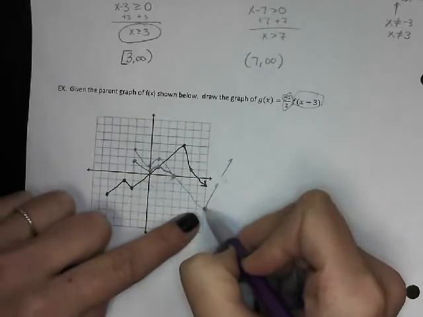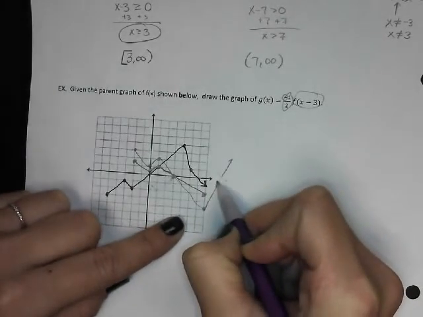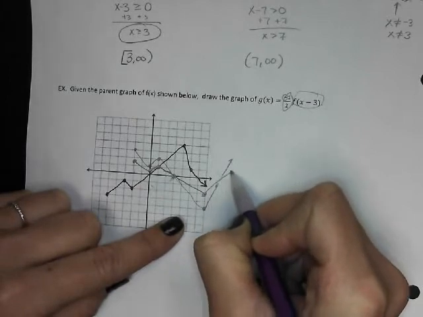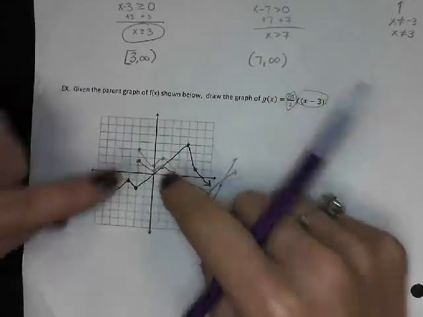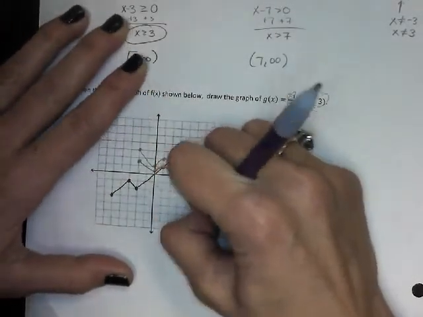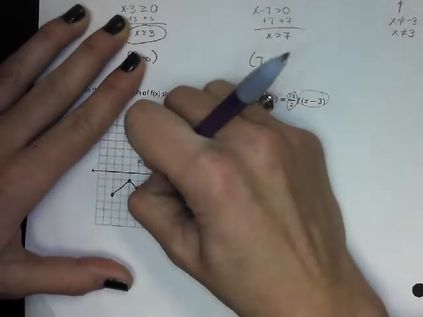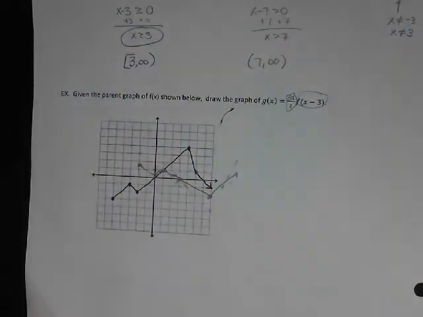This one that's 4 below is only going to be 2 below. This one that's 1 below is only going to be 1/2 below. And so all these points got smushed towards the x-axis, and that's what a vertical compression does. So if I get rid of that intermediate graph, I have those points.